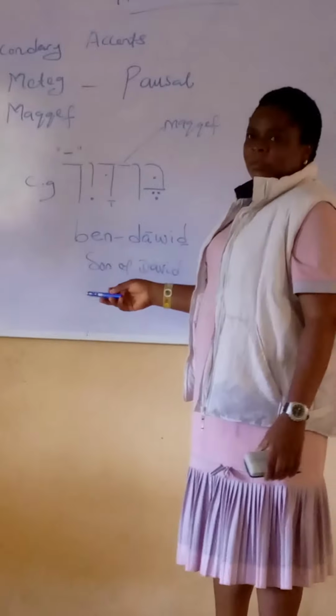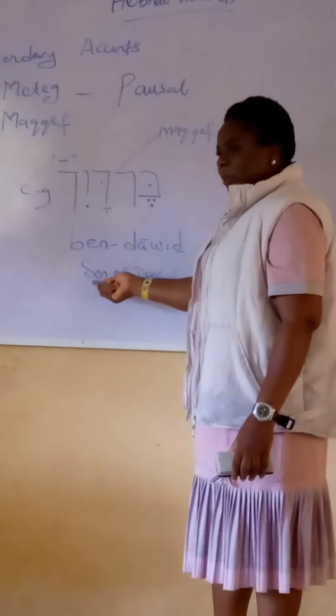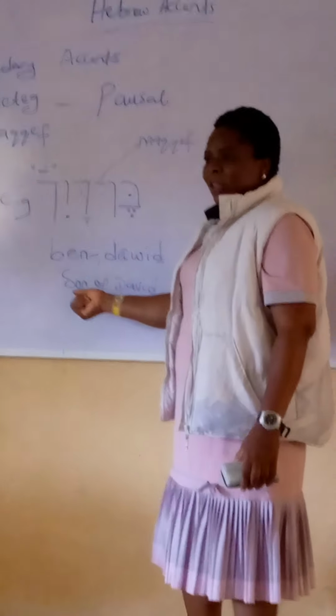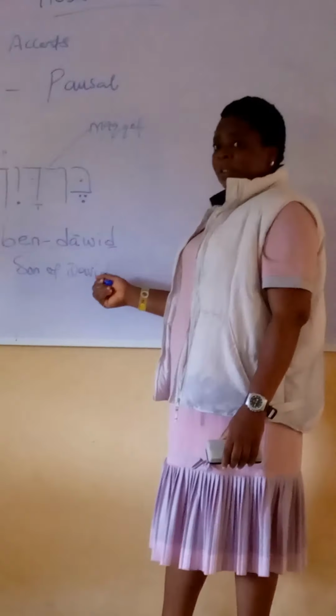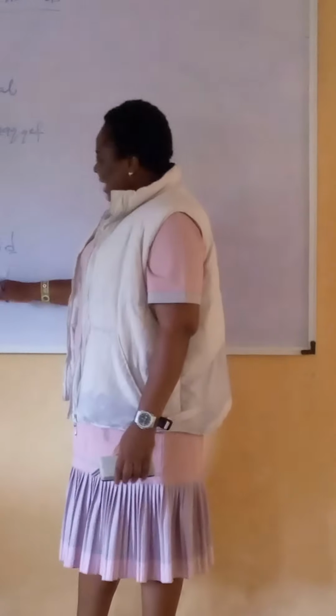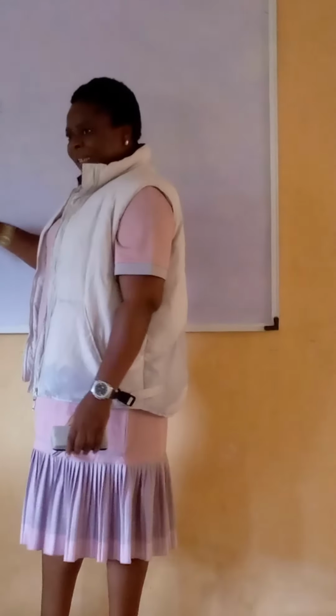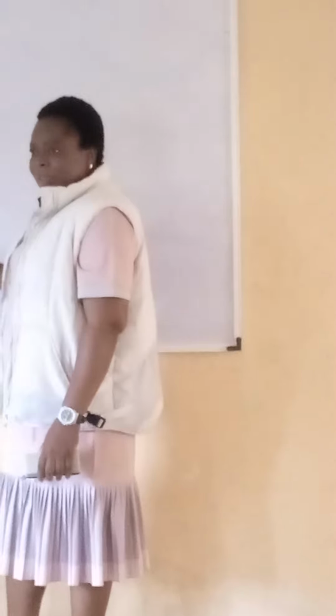Say we say son of David. That means this son cannot be son of another person. He is the son of David. But David here is absolute because this is depending on this. Are you getting it?